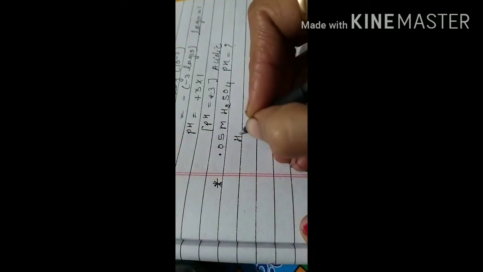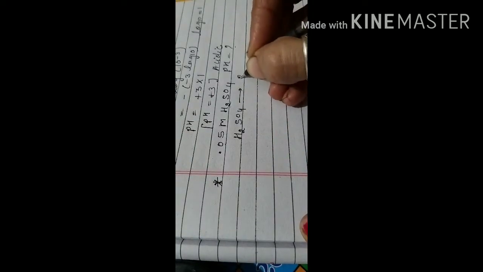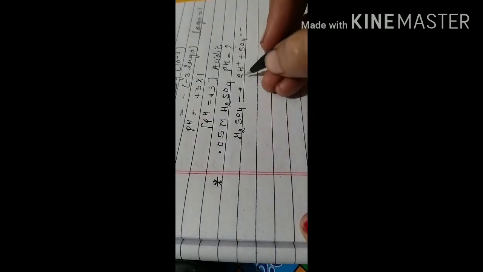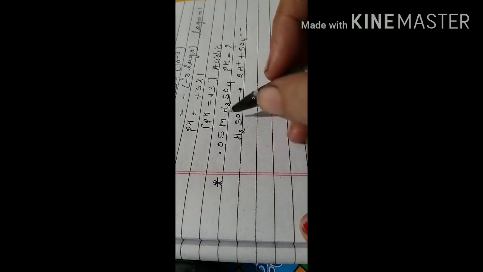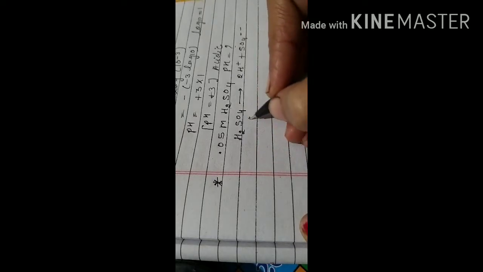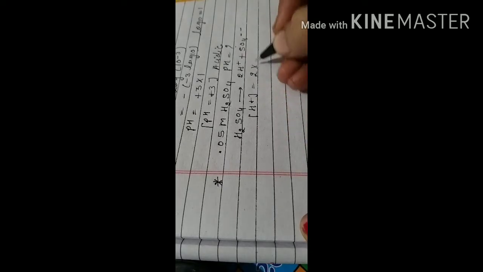You have to dissociate this H2SO4 in this way: you will get 2H positive plus SO4 2 negative. So it means we are getting 2 H plus ions. So whatever value is given should be multiplied by 2. So what can you write there? H plus ion concentration should be 2 into 0.05, so this is 0.10, or this can be written as 10 raised to the power minus 1.